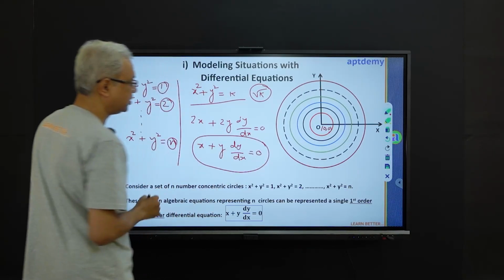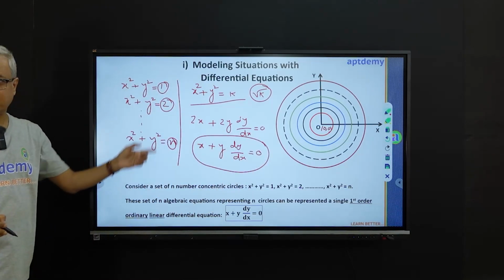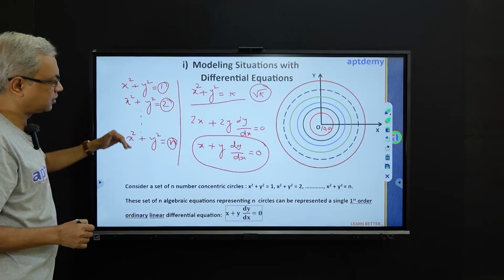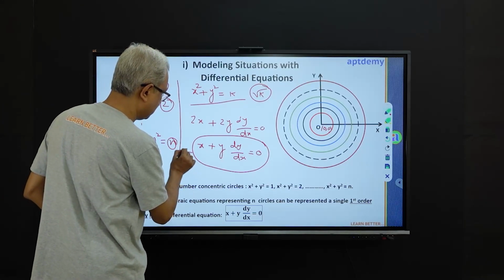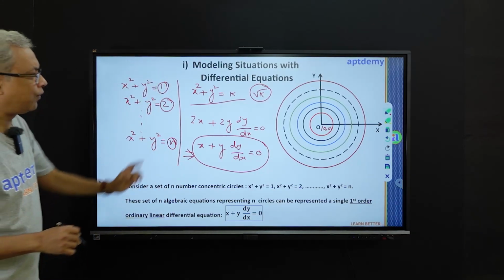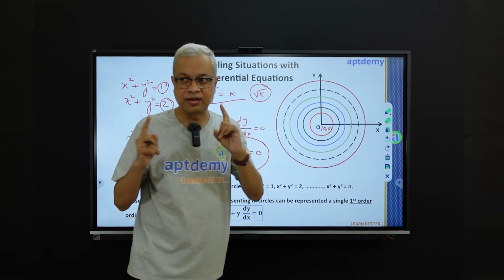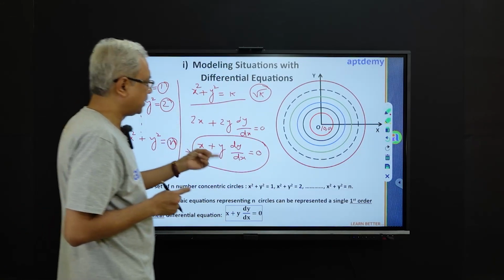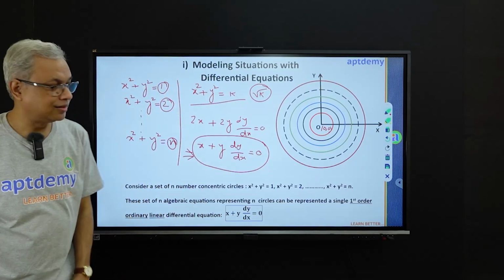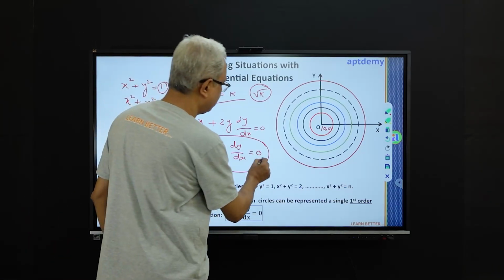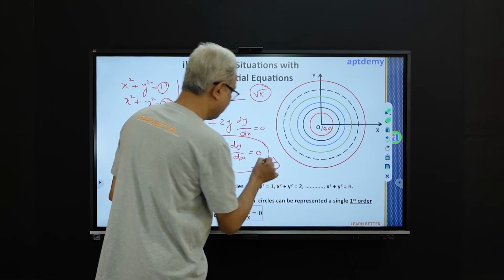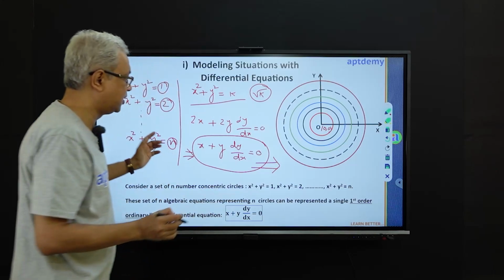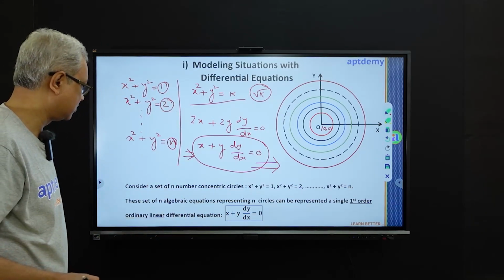What is interesting is that if you take any of the n circles and begin with any of these n equations, you arrive at this same equation. So for all circles, though their algebraic equations are different, they have a common differential equation. That means this common differential equation represents this bunch of circles, the set of all concentric circles.